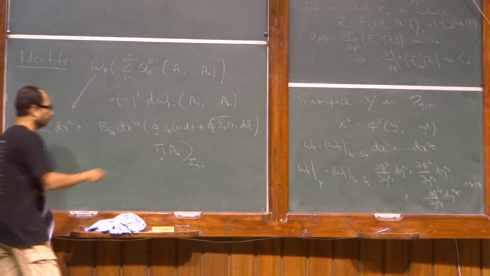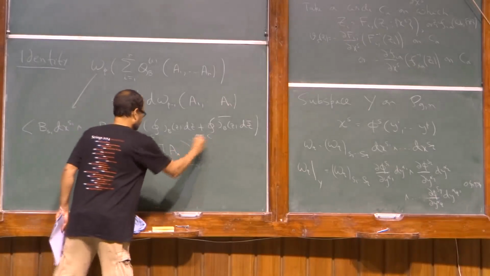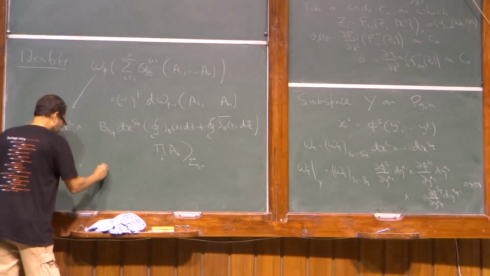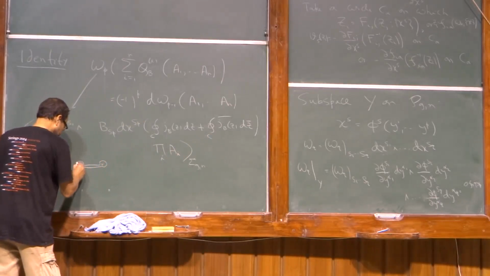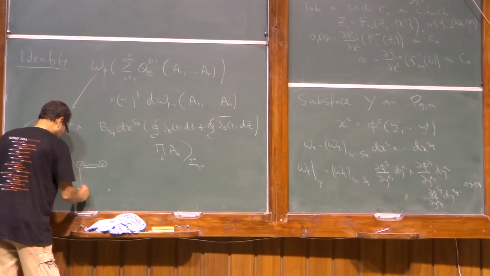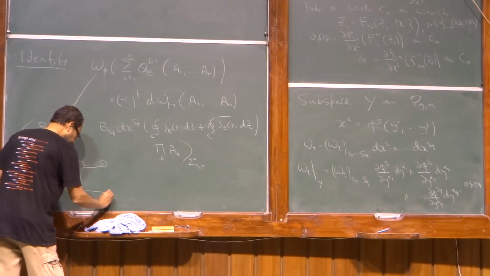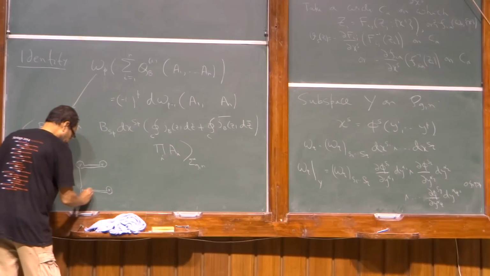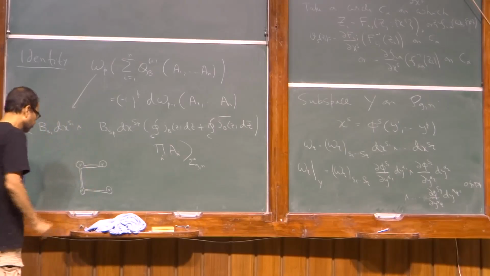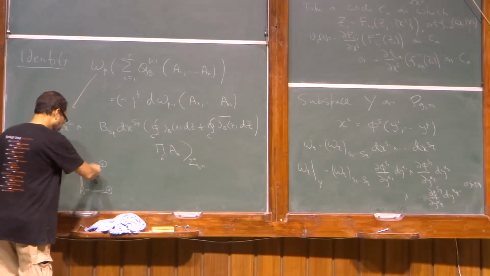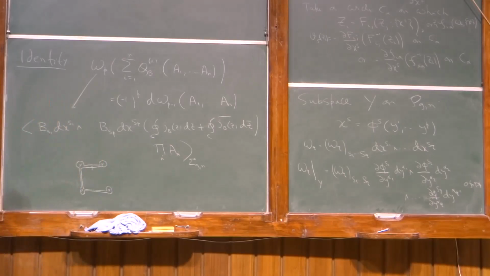And this contour, as I told you, has to be around every function. Something like this. Okay, it goes anti-clockwise around the function.